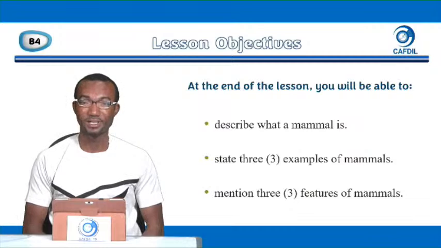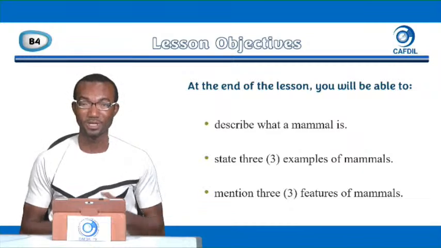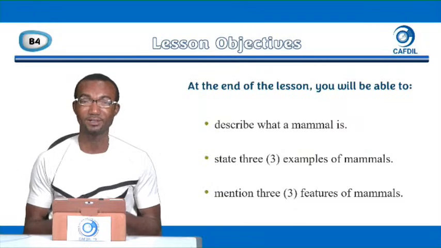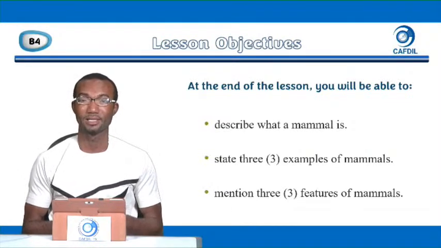State 3 features of mammals. So kids, if you pay attention and go through this lesson, at the end of the lesson you will be able to describe what a mammal is, state examples of mammals, and mention 3 features of mammals.